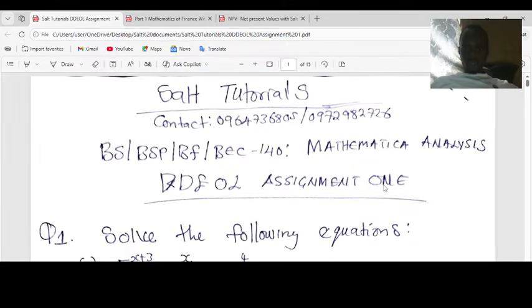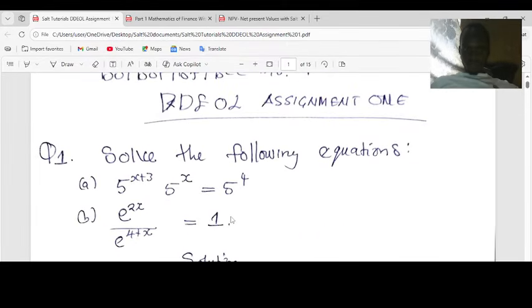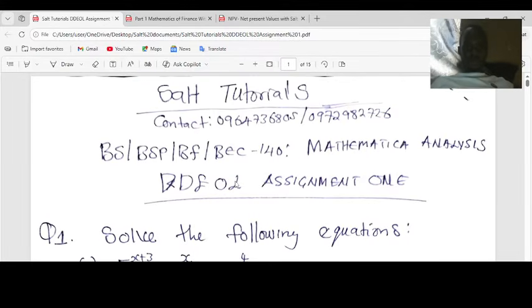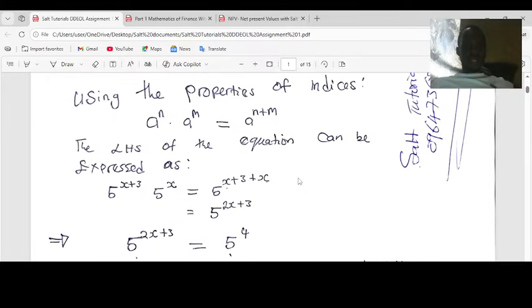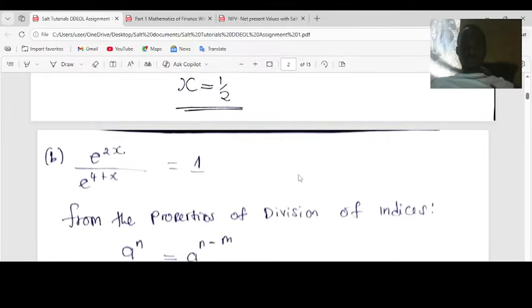And I think with exponential equations, like the way we talked about in question 1, it's just about properties, the same grade 1 properties in any other indices, to say when you're multiplying two indices with the same base, what do you do to the powers? When you're dividing with the same base, what do you do with the powers? So this is the concept we are using when solving for question 1. I think I explained and highlighted in the previous video.